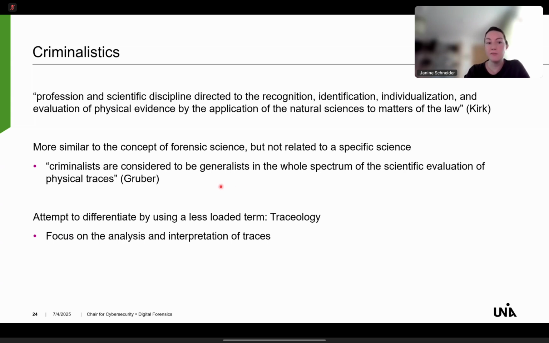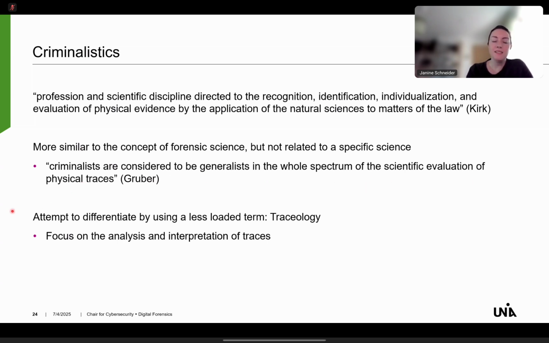Okay, we have another definition, but this time it's about the concept of forensic sciences, but not related to a specific science. It's from Gruber, and he said criminalists are considered to be generalists, so the people in the whole spectrum of the scientific evaluation of physical traces.